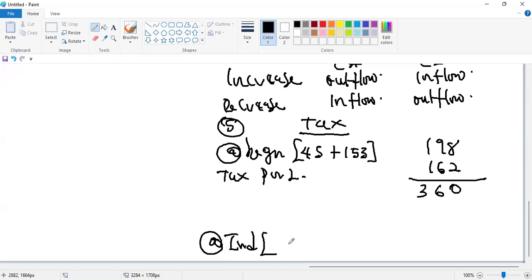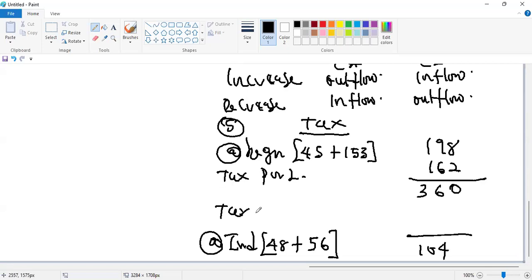I'll go to the question and check. Deferred tax at the end is 48, plus current tax at the end, which is 56. 48 plus 56, 104. So I'll put 104.